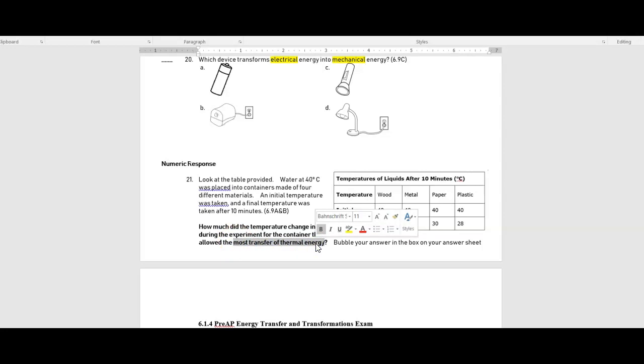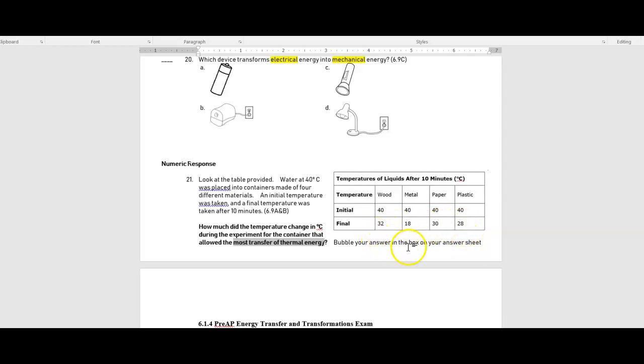So we're looking for the one that had the biggest transfer, okay? And what was the total change in temperature on that one, okay? So we start out with 40 on all of them, and then we end up with 32, 18, 30, and 28 degrees respectively.